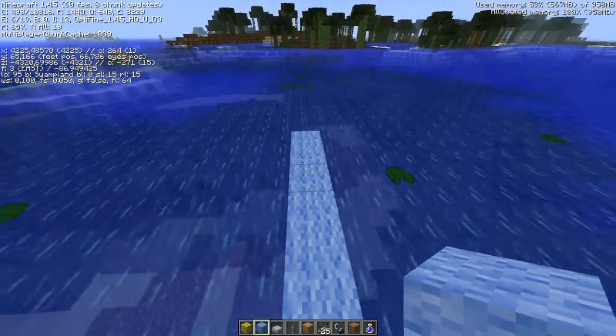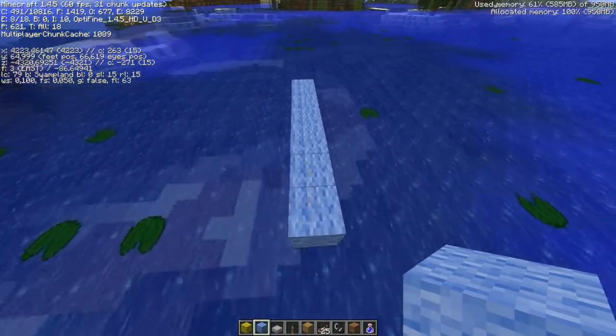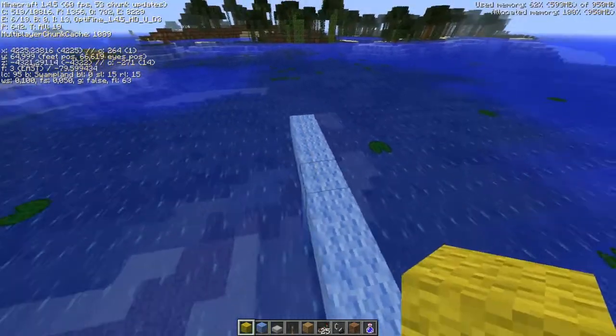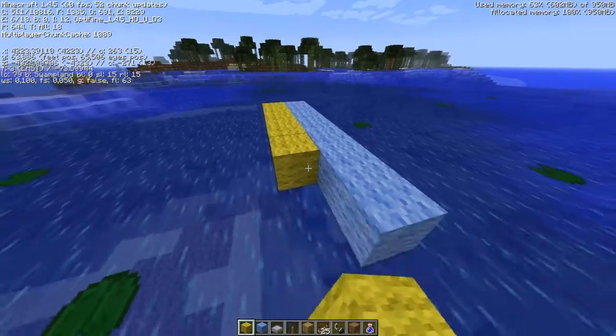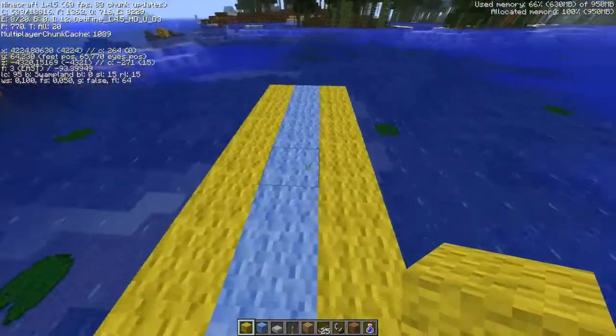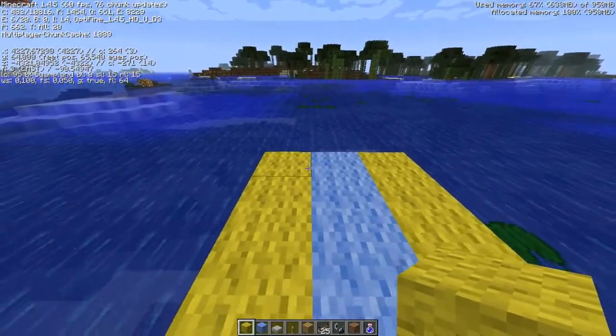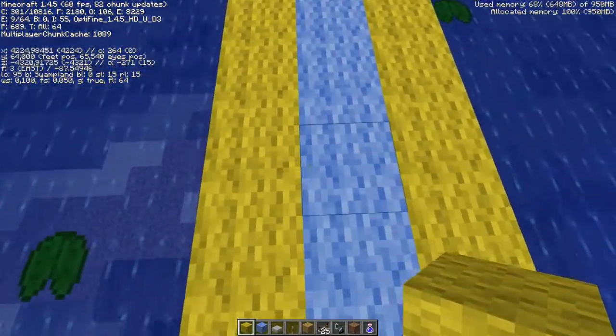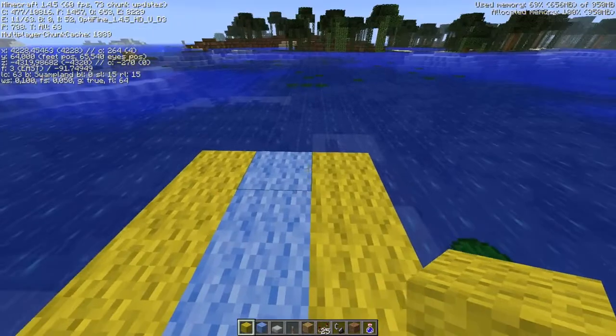Now what you've got to keep in mind is, once you figured out that row of blocks, the row of blocks itself is not the actual chunk border. It is a line next to that row of blocks, like this line over here or this line over here.